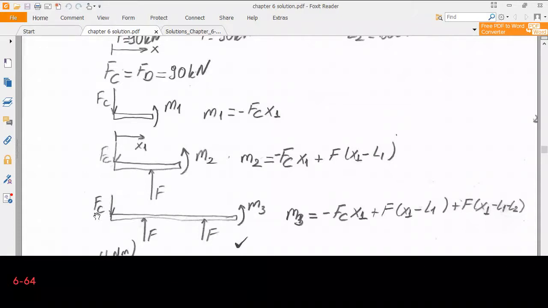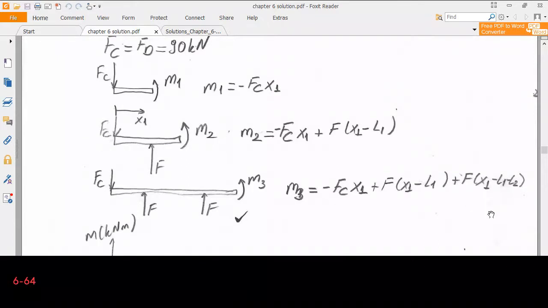Again, I write the static equilibrium for this element. Then I have the moment of this force, the wheel at point A, that is F multiplied by x1 minus L1. Then the moment generated by the second F, so force multiplied by this distance, is x1 minus L1 minus L2.